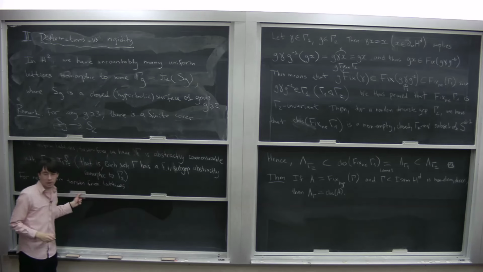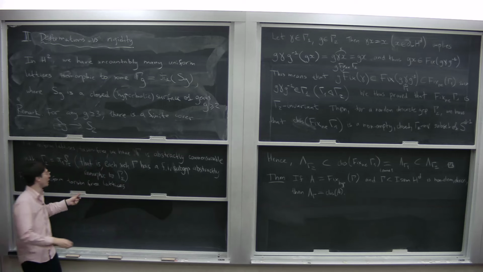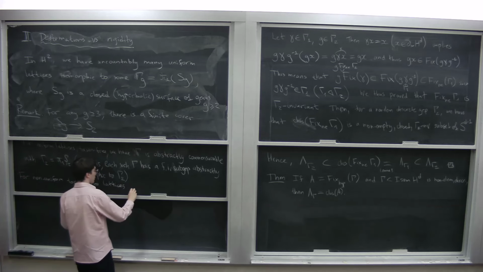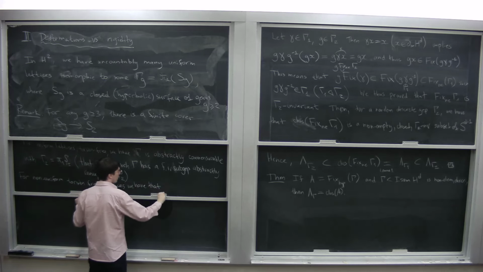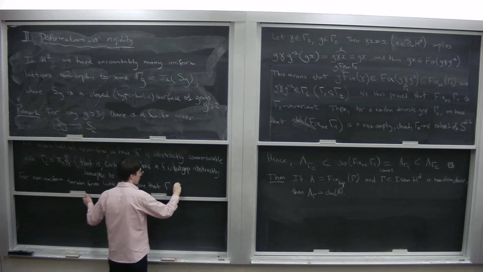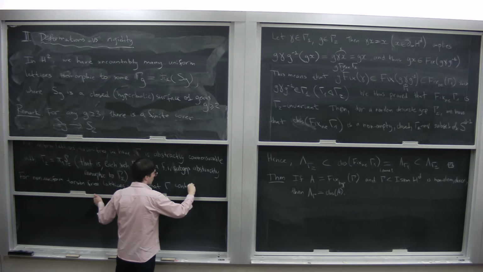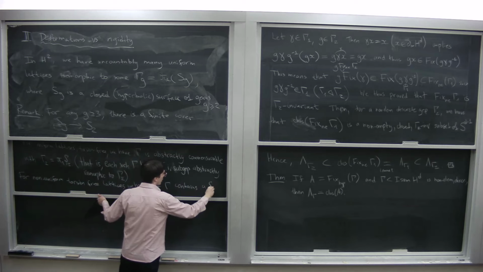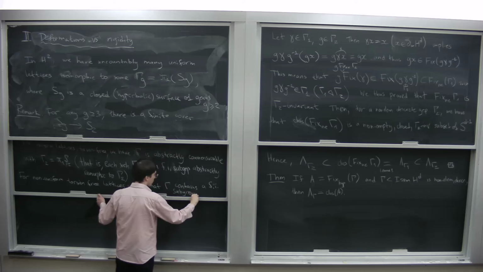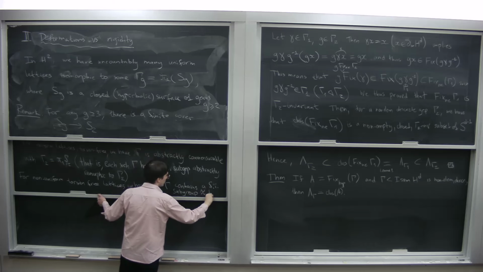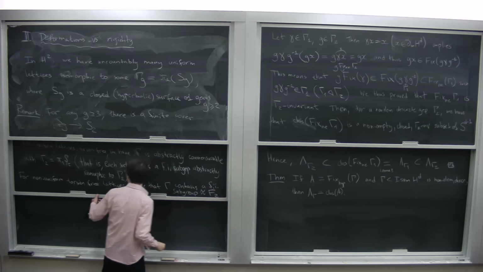One can do actually the same thing, but with the free group. We have that gamma contains a finite index subgroup isomorphic to the free group of rank 2.